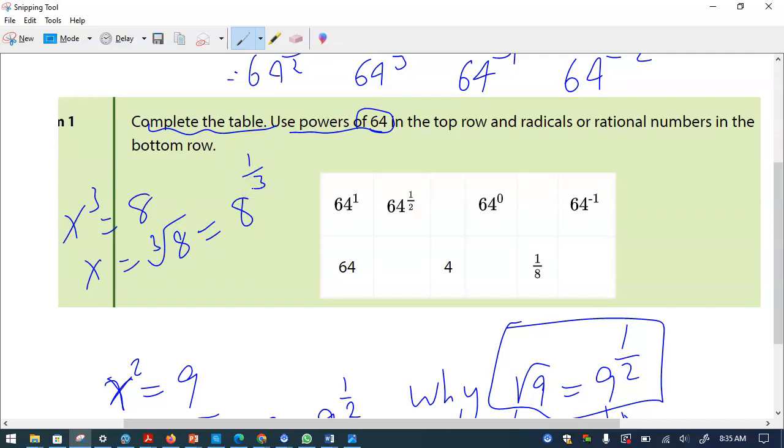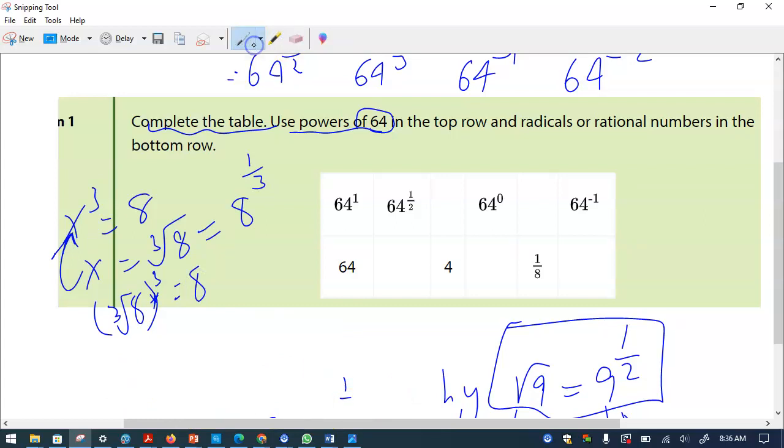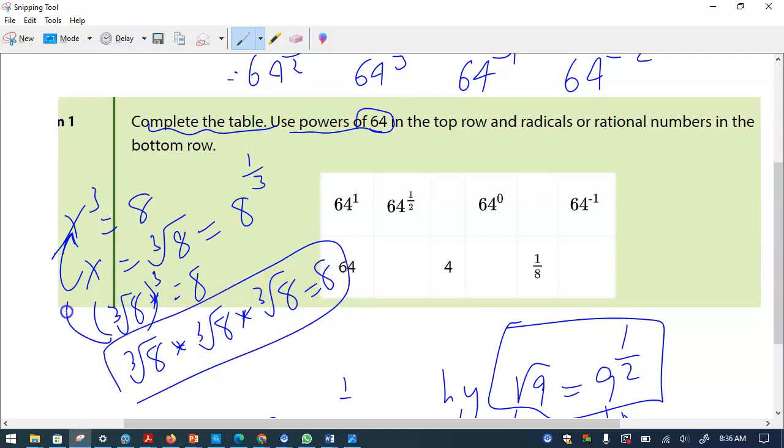When we plug this in, cube root of 8 raised to the power 3 is 8. That means cube root of 8 times cube root of 8 times cube root of 8, three times, gives 8. So this is how it works here.